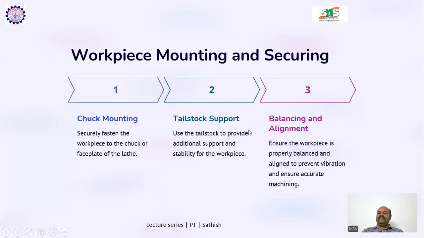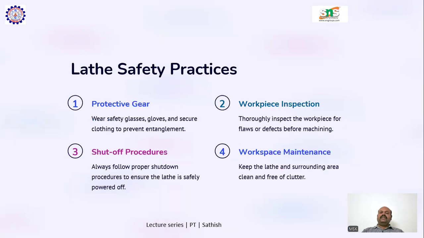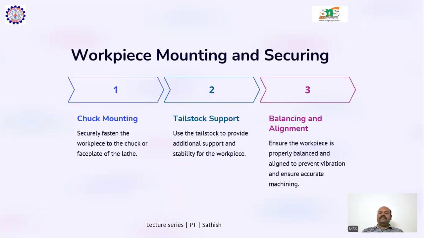And third, balancing and alignment: ensuring the workpiece is properly balanced, because the vibrations that occur without balancing will lead to poor quality of machining. So these three things have to be taken care of before starting the process.